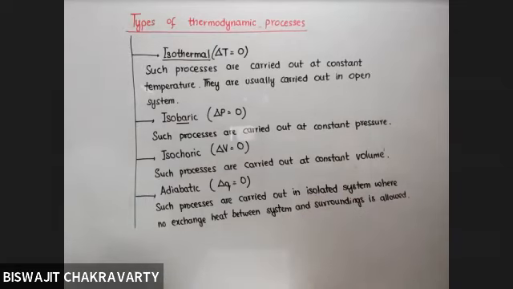So isothermal: heat exchange is allowed, temperature should not change. And adiabatic: heat exchange is not allowed, but temperature may change. That is the basic difference between adiabatic and isothermal process.